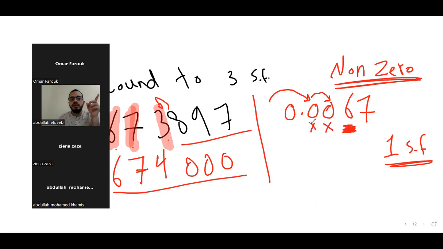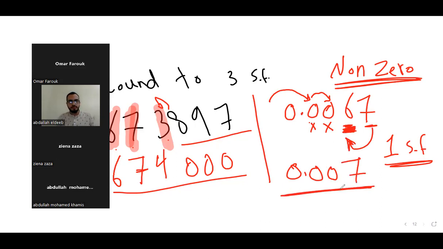Because I don't count 0 if the number starts with 0, we don't count it. So it will be 0.00, and 7 is a rich number. It gives 1 to 6, it will be 7. Okay, guys?